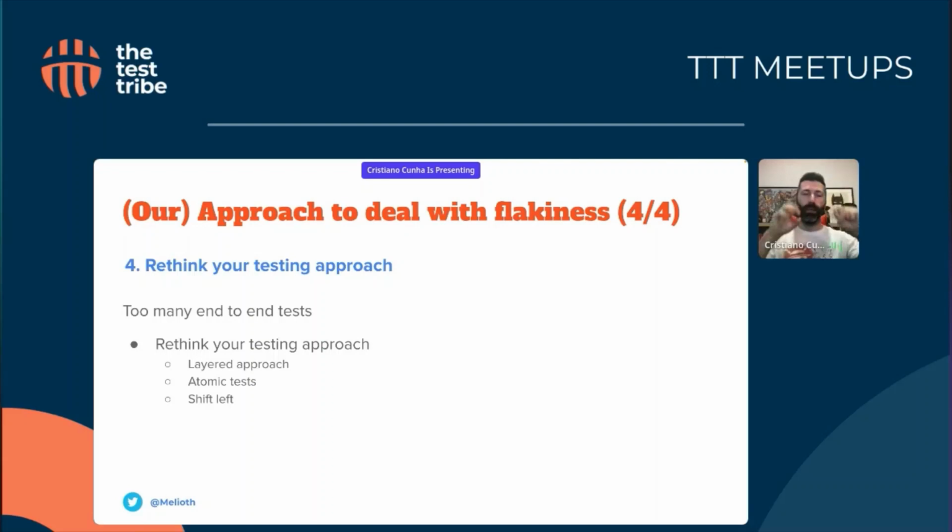Try to build atomic tests that are independent from each other, that are focused on what you want to test, and shift left. So add the amount of tests closer to the code, like unit tests that are doing faster validations, and that will get most of it in the code.